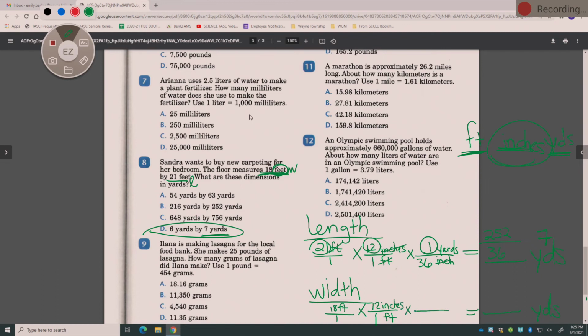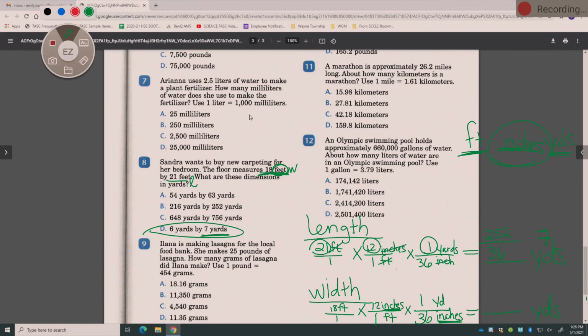Then my last conversion, I'm going to have yards up here and inches down here. Because remember, what was up here in the numerator, the next fraction over needs to get down into the denominator. And in 1 yard, there are 36 inches.